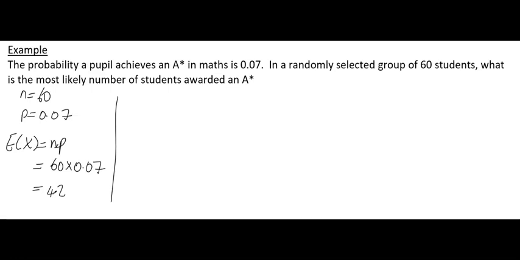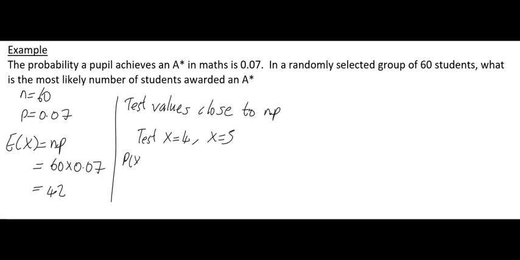So we want to test values close to np. Our expected value was 4.2, so we're going to test x equals 4, and we're going to test x equals 5.